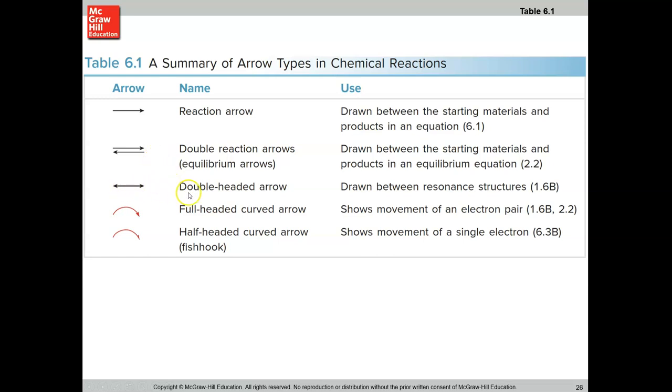Double-headed arrows, we're talking about resonance structures. So if things have multiple different structures, we're not moving the protons, we're just looking at where electrons are moving with the double-headed arrow. Full-headed curved arrows, we're looking at both electrons moving, versus half-headed arrows, we're just looking at single electrons moving.